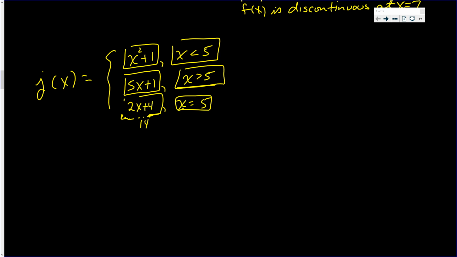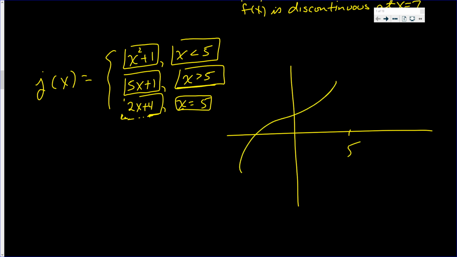Okay, so we have this. And again, if you wanted to graph something like this, you have 5, you have something less than 5, you have something bigger than 5, and you have something at 5. You want to know if these 3 points are the same.